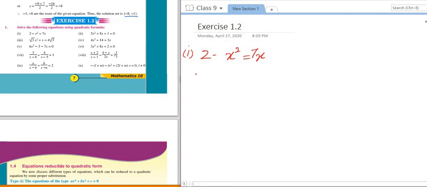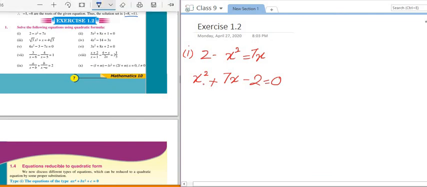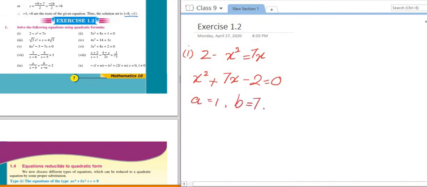Okay, x square plus 7x minus 2 equals 0. Now what is A? A is 1, B is 7, C is minus 2.